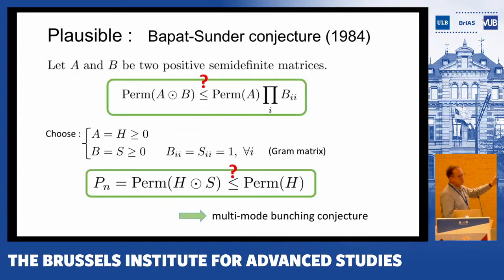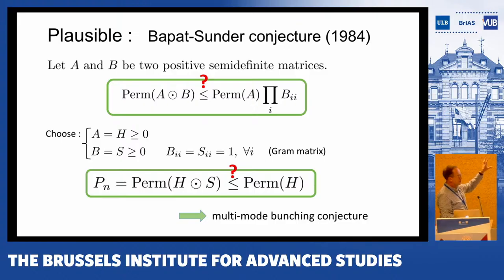The main reason to make such a conjecture is that there is an old conjecture in math, made by Bapat and Sunder like 40 years ago, which says that if you want to compute the permanent of the Hadamard product of 2 positive semi-definite matrices, this is upper bounded, as you can see here, by the permanent of one times the product of diagonal elements of the other.